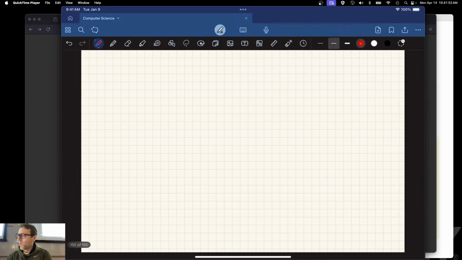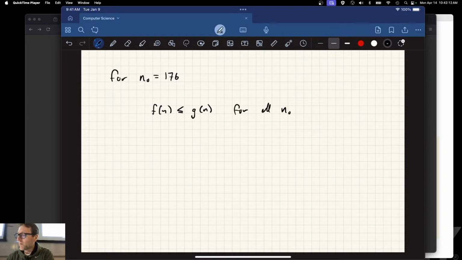So, for n naught being not 175 and change, but 176, the next integer value, for n naught being 176, then f of n is less than or equal to g of n, right? For all n greater than or equal to n naught, where n naught has just been computed up here.